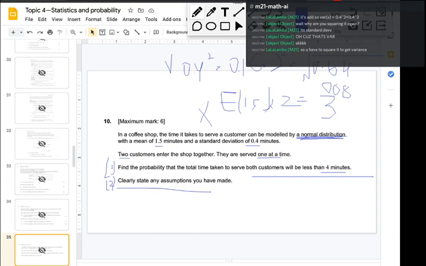Wait, 0.8, my bad. The use of calculator has messed up my thoughts. Does that give you the same answer? Oh, it gives you a different answer.